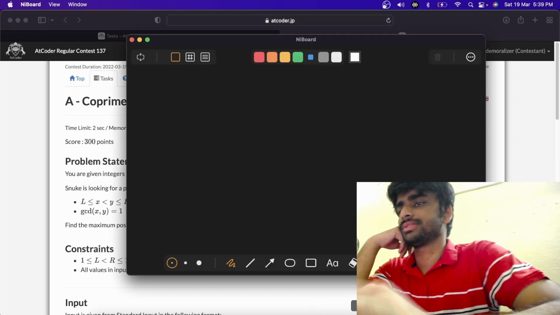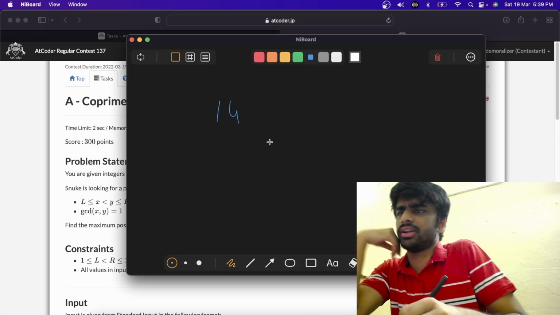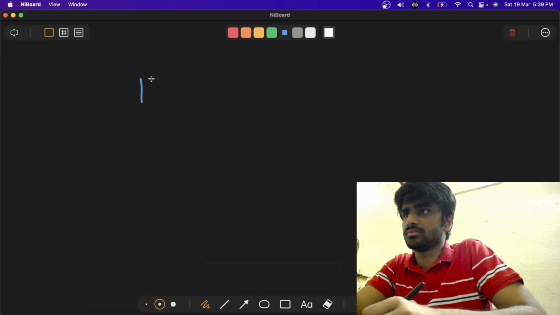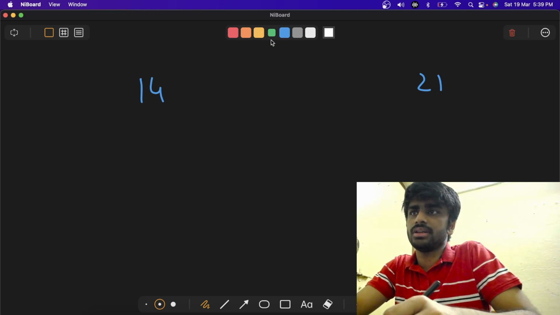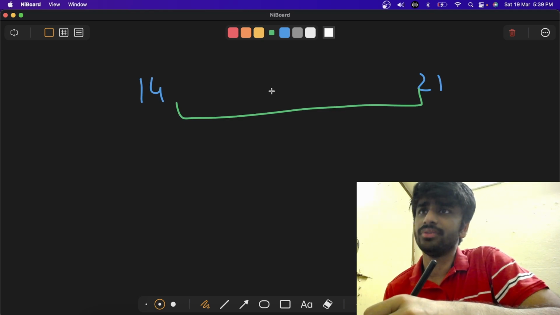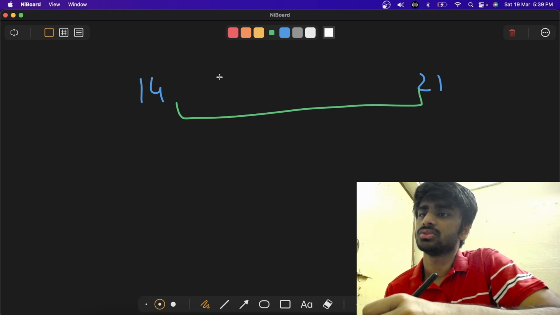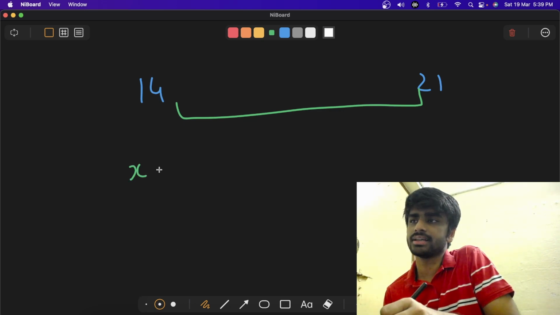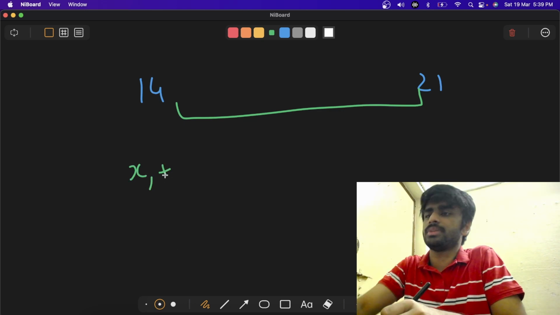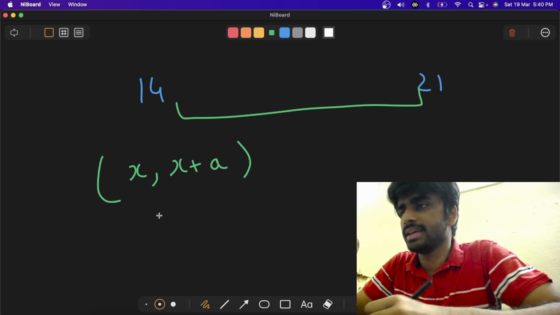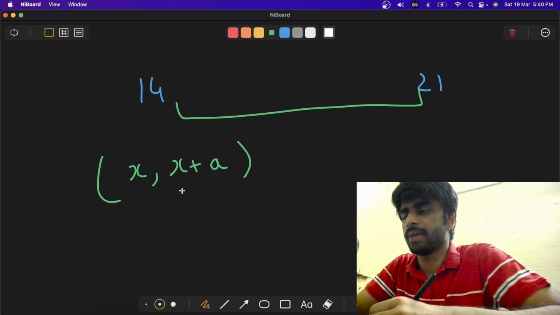So how do we do this? For example, if we have 14 and 21, there are a lot of numbers in between. What we want is the gap between two coprime integers to be maximum, right? So this means we want x, x plus a, and we want the maximum a such that the GCD between these two is 1.